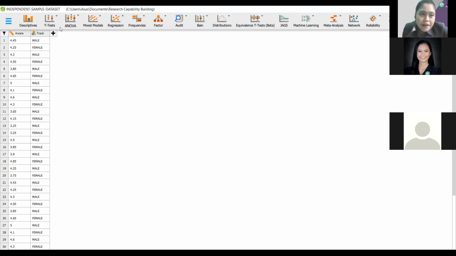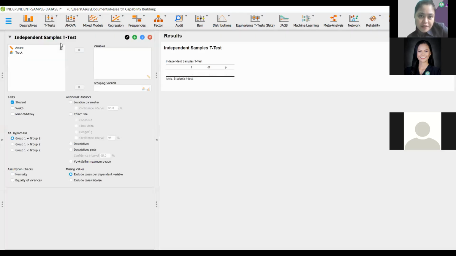Now, since we are comparing, then we are going to do the t-test. So we have here independent sample t-test. Click that. And then remember, ang ilalagay natin sa variables ay yung scores mismo. So the aware. And then remember ang pangalan ng track doon, yung sa male and female ang pangalan track. So ilalagay ko din siya dito.